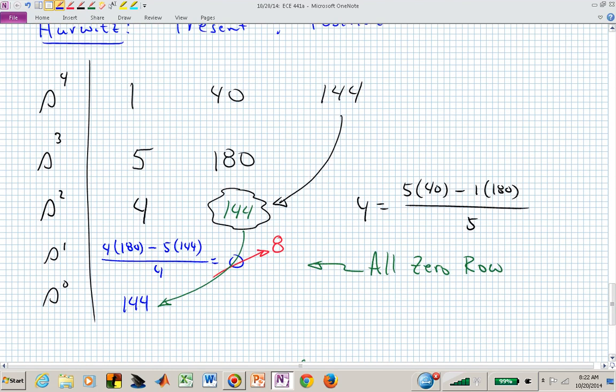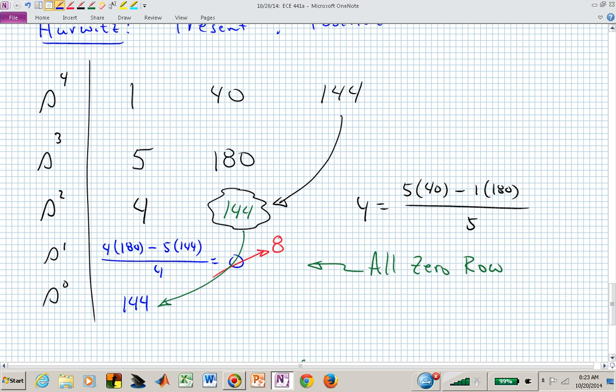Now what do we do? We count the sign changes in that leftmost column. How many sign changes do we have in that column? No sign changes. And what can we say about sign changes? The number of sign changes corresponds to the number of roots of that polynomial in the right half plane.